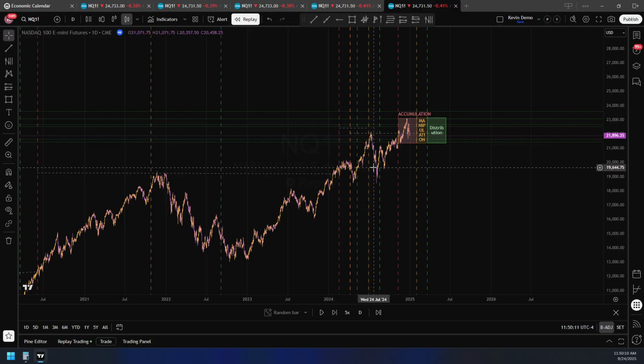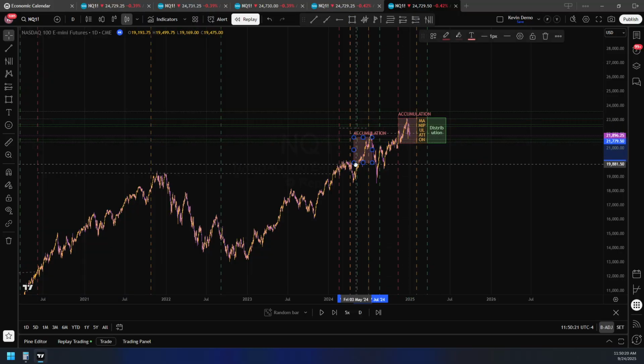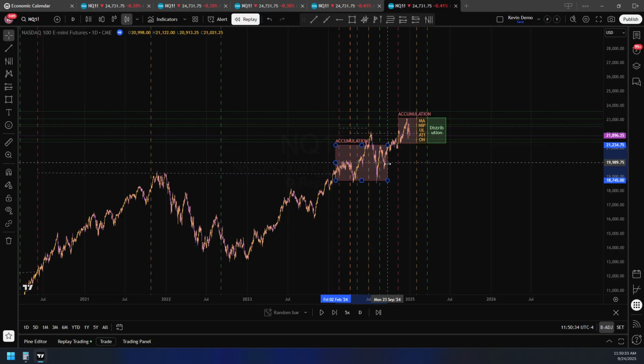So we've gone up and down once, and we've gone up. If this is a higher time frame accumulation, right? That means that after we broke even right here, after the break even period, we entered into accumulation.